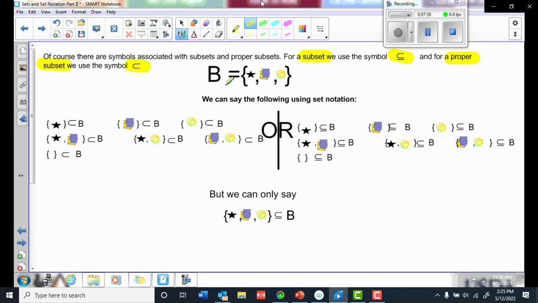So how this works is, if we have our set, B equals the set of star, moon, sun, we can say the following using set notation.